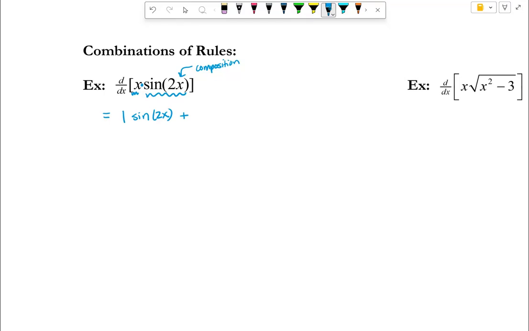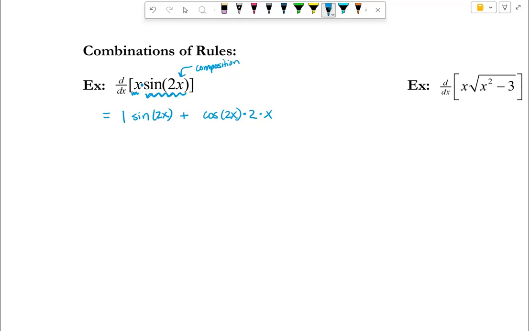So the derivative of the sine of 2x, this is the piece where now we have to use the chain rule because it's not just the sine of x. So I'm going to get the cosine of 2x times 2. So again, that's just the derivative of the sine of 2x. And then I'm going to multiply that with my factor x.